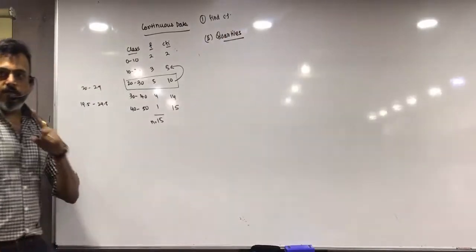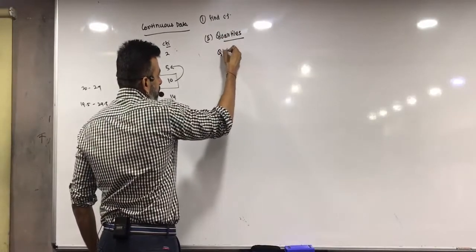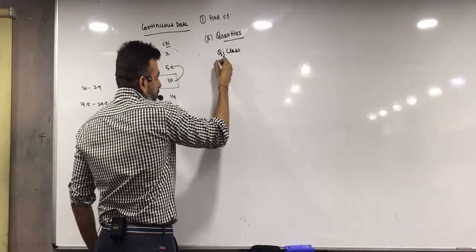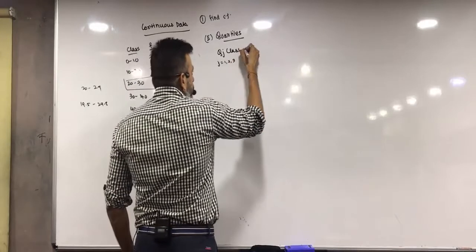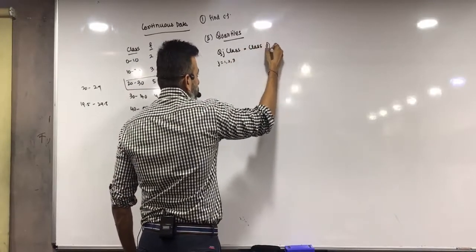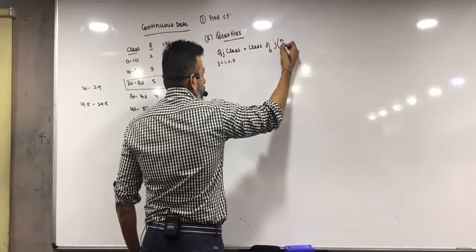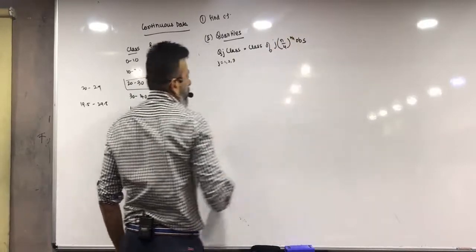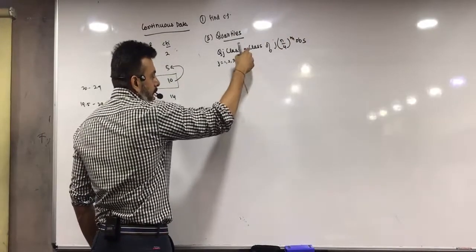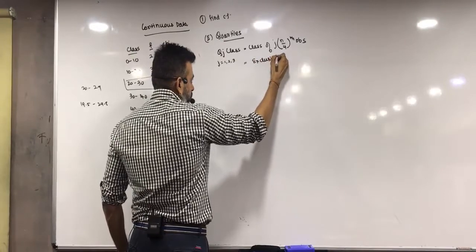Quartiles. The first step in quartile is we have to find the Qj class, where j is equal to 1, 2 and 3. It is the class of j n by 4th observation. Then after we find this, it has to be exclusive.